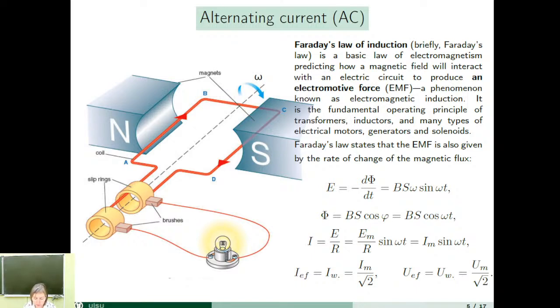Then the instant value of the stream connected with a contour will be equal to phi, the magnetic flux. And in the SI system, the unit of magnetic flux is a Weber. And look at this expression.